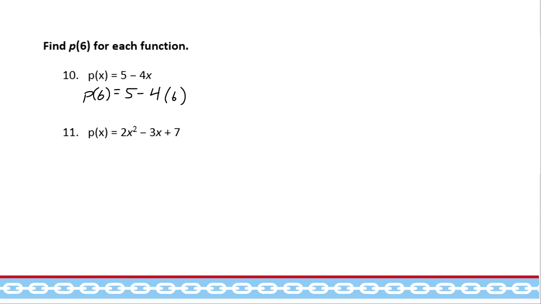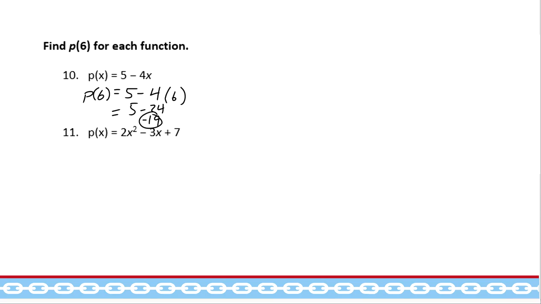One way you could do this is to type the function into y equals on your calculator, go to your table and scroll to whatever x value they gave. For this one it would be 6. You could also just do the math, right? We get 5 minus 24 for an answer of -19.